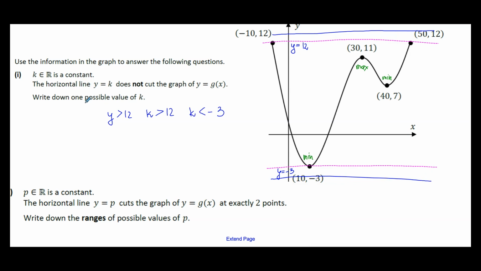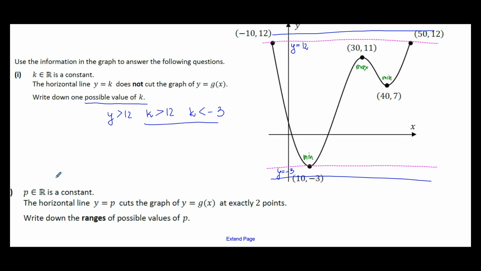Now we have to give a possible value. It's not enough to write it that way. I have to pick a number. So I can pick k equal 13 or 15, or I can write k equal minus 4, minus 5, or any number I want, as long as it's above 12 or below minus 3. Okay, so that's the first part.